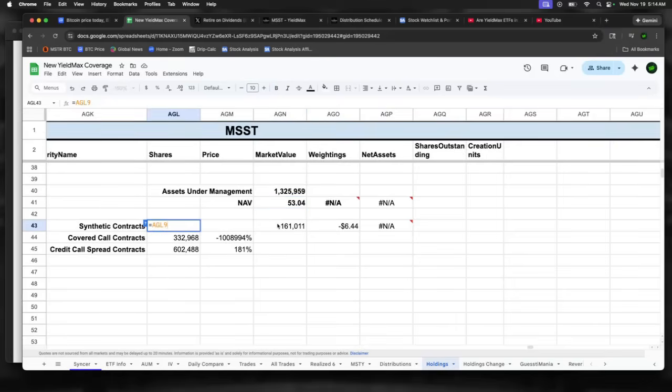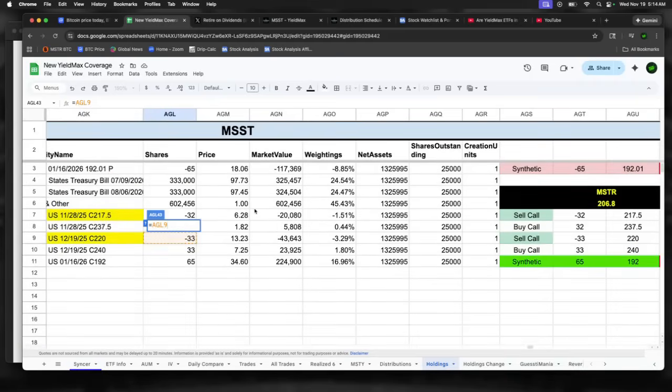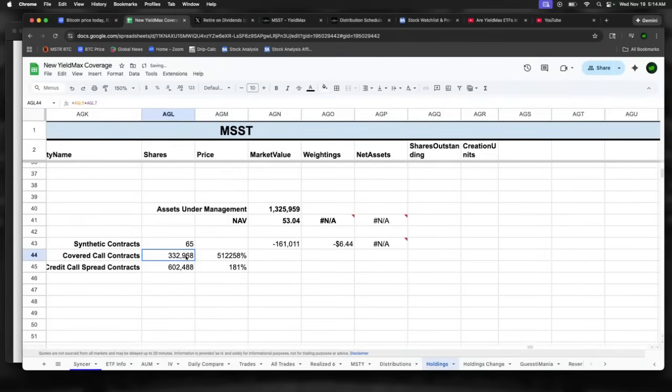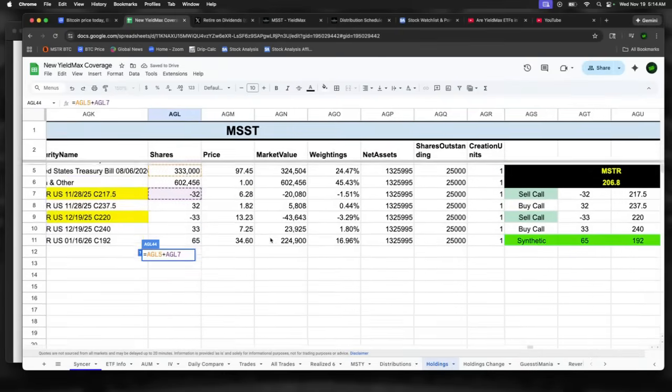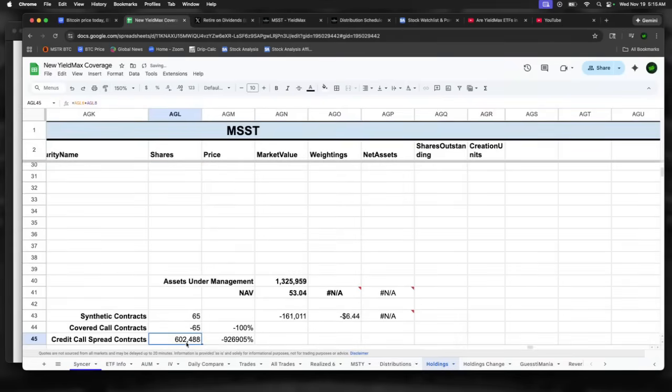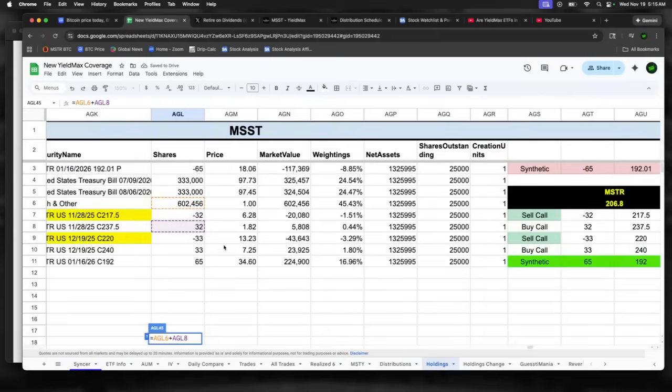All right, synthetic contracts, they total 65. It looks like, because I updated this last night, the holdings got updated. Covered calls, 7 + 9, so let's fix that. They're doing covered calls on the whole shebang. Credit call spread, same thing. I know we don't have to really do the math, but we can. So that's 8 + 10 right there.